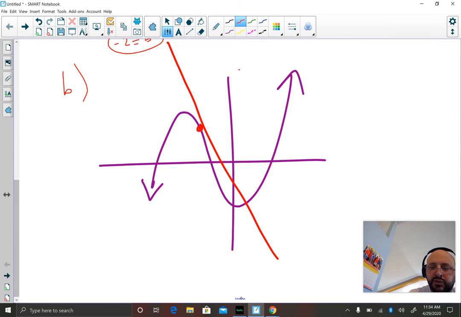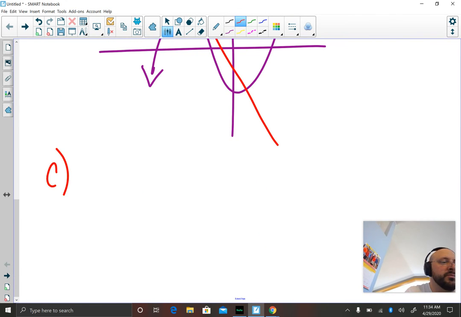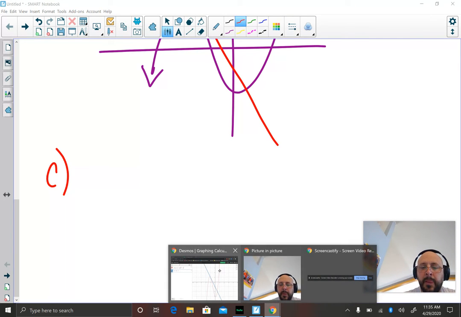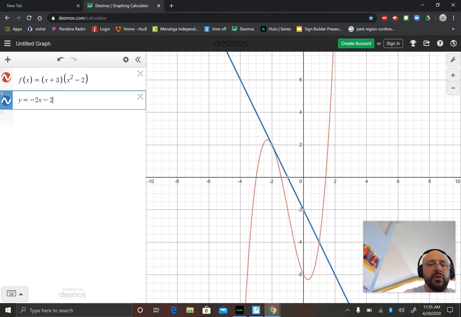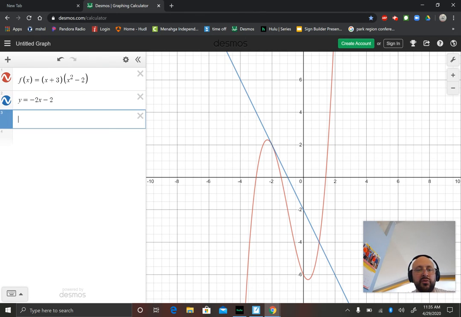Part C. Wouldn't you guys like to know how to do part C? Part C says, use the derivative feature on your graphing utility to confirm your results. There is such a thing. Desmos has it. I didn't want to show you, for fear that you might use this too often.